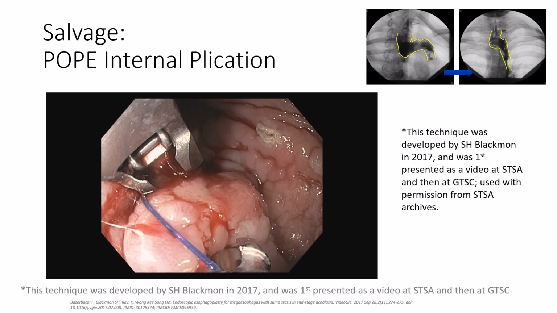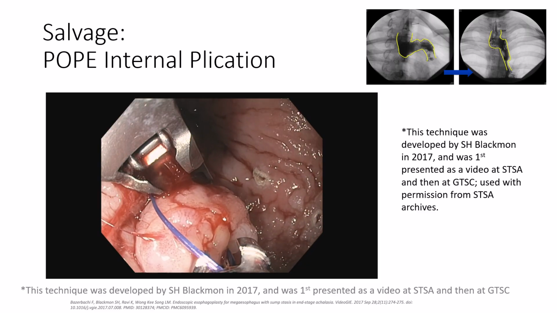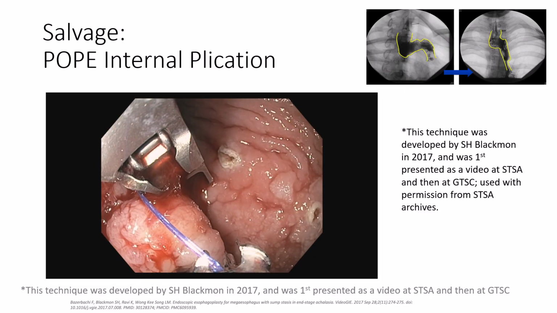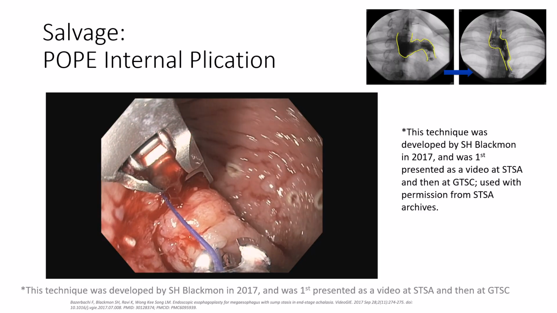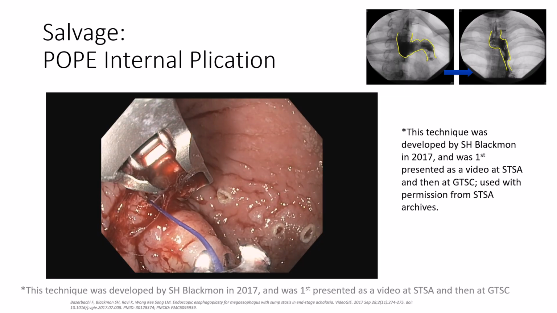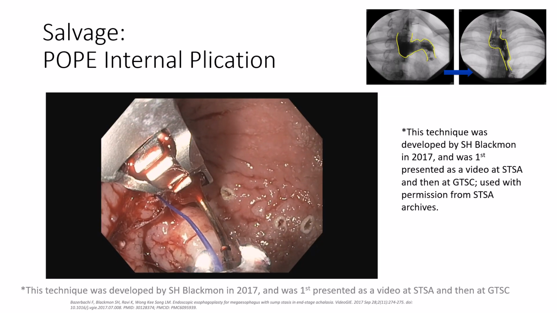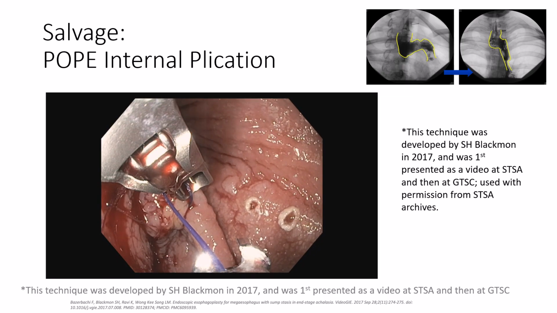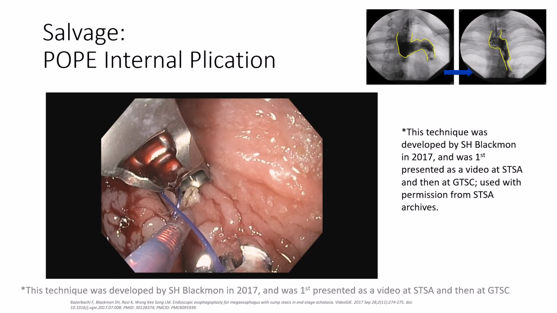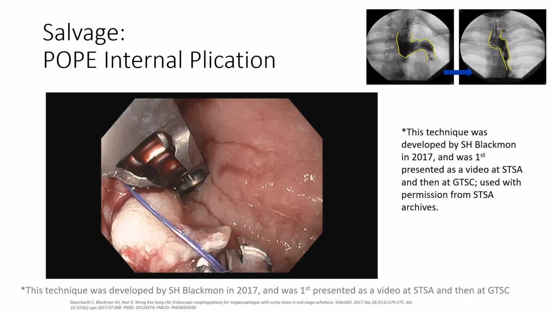Three areas go across in a horizontal fashion before the second layer of the figure 8, in a parallel horizontal line just above the first line, is performed. As you can see, the endoluminal device easily passes through the esophageal tissue.